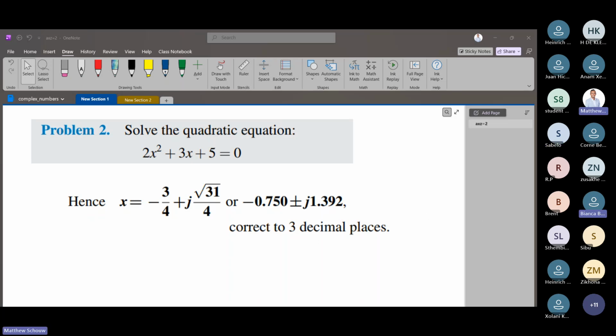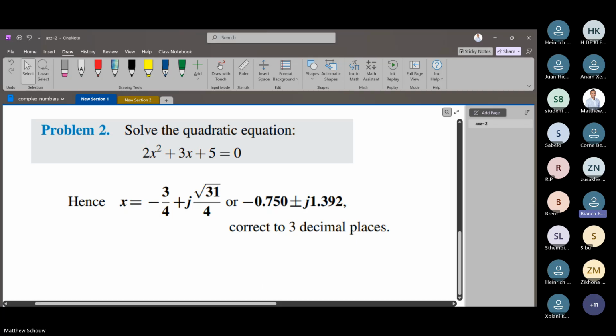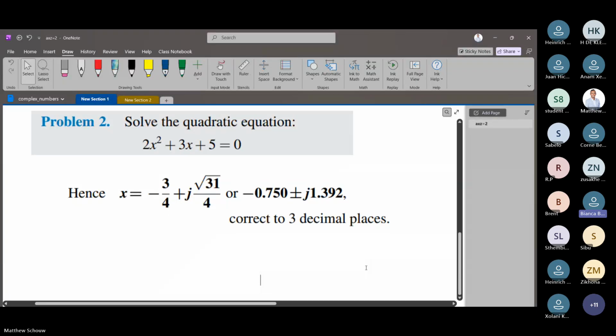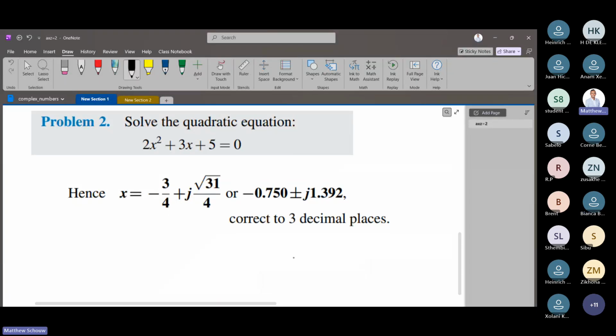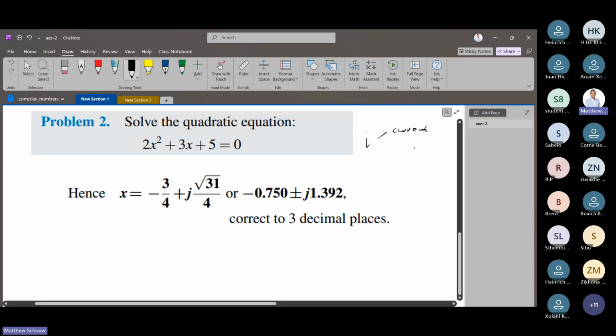Sir, I've seen many question papers that use i. Should it be fine for us to use j? Yes. I'll tell you the reason why engineers don't use i: we sometimes label i for current. So j is what engineers adopted. It's the same thing.